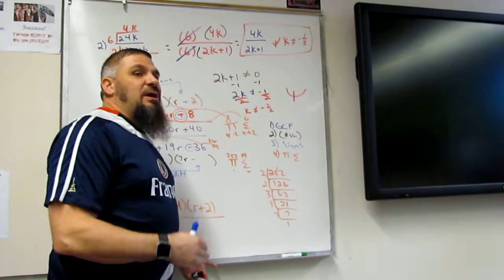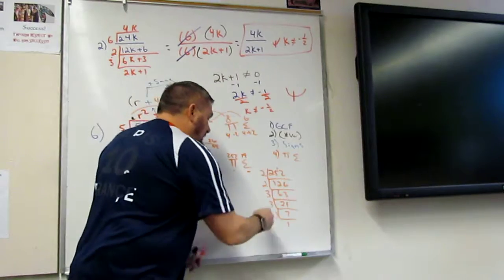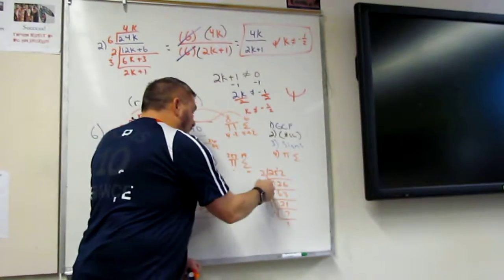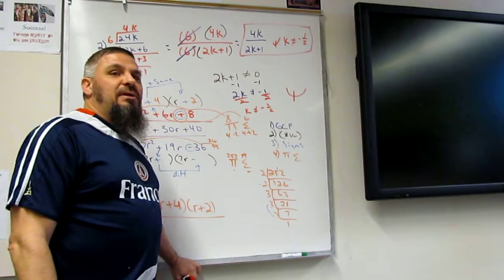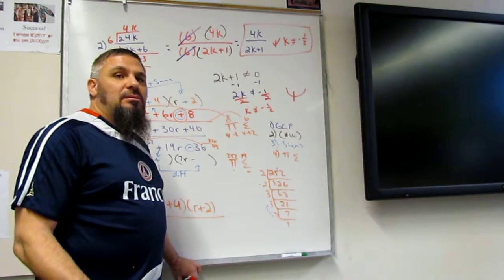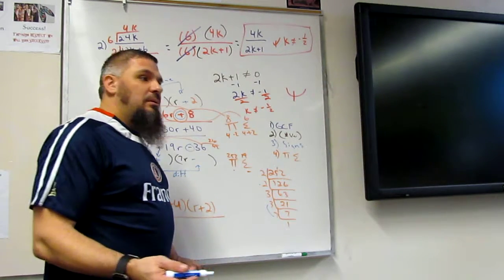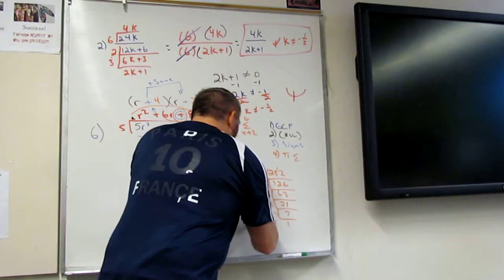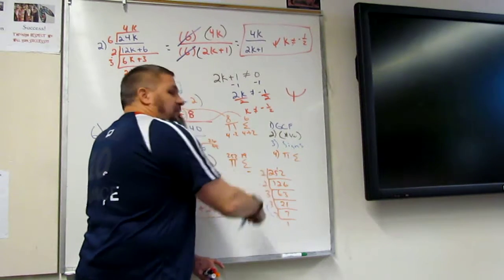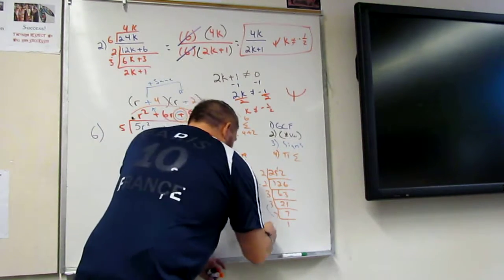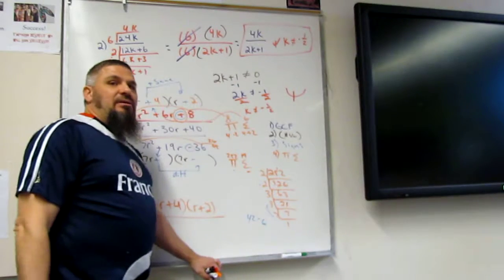So I'm going to have to use some combinations. Like maybe 21 and 2. What's 21 times 2? 42. And what's 3 times 2? 6. And what's that give me? 19.